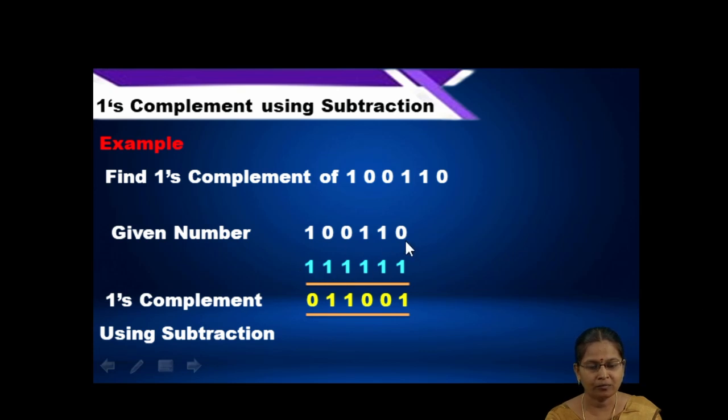Starting from the right position, 0 minus 1 is 1, 1 minus 1 is 0, 1 minus 1 is also 0, previous bit 0 minus 1 is 1, 0 minus 1 is 1, 1 minus 1 is 0. So using subtraction, we get the 1's complement as 0, 1, 1, 0, 0, 1. The same result we get from the first method.